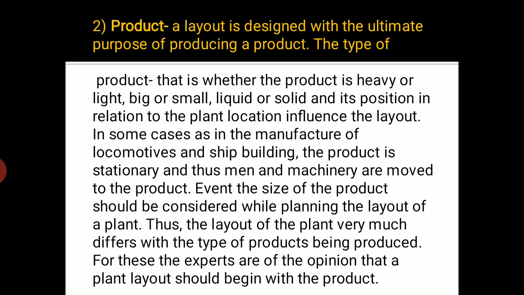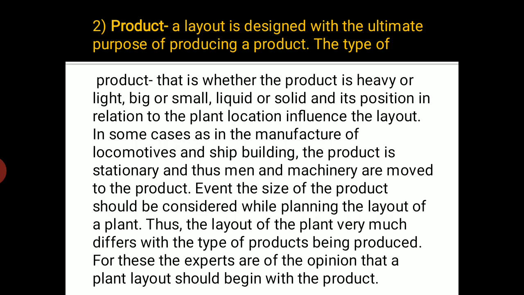That means what type of product are we going to produce, whether it is heavy, whether it is light, whether it is consuming too much space, that is, it is bigger in volume, or it may be liquid, semi-solid, or in any kind of form, right? Then ultimately we should know where to store it, where we can put it until we bring it out for the market, or how we are going to produce and keep it safe. Everything is calculated, and that is why what product we are to produce makes a lot of difference.